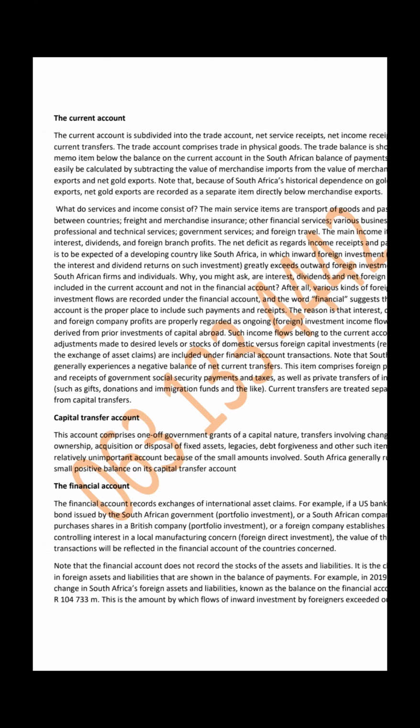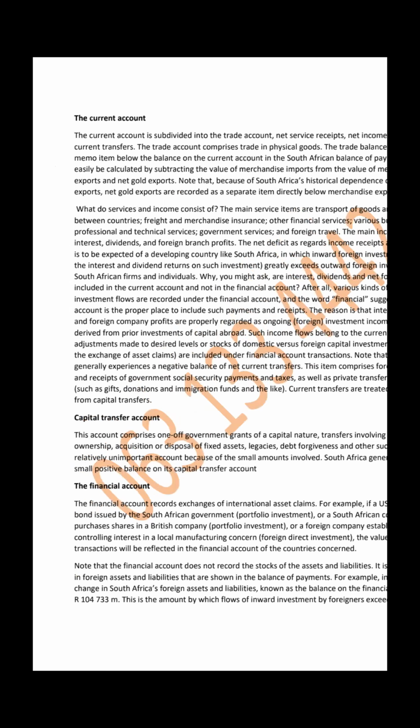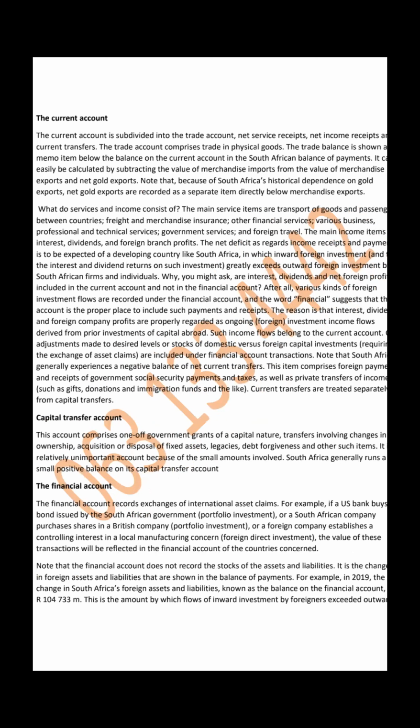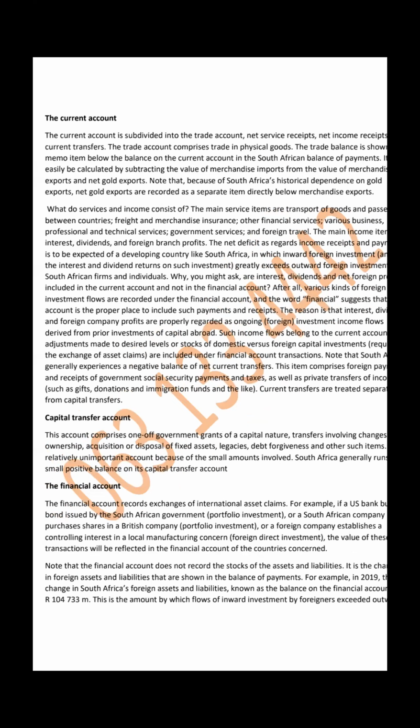These ones are treated separately from the current transfers. Why? This account comprises once-off government grants of a capital nature, transfers involving the change in ownership, acquisition, or disposal of fixed assets, legacies, debt forgiveness, and other items of that nature. So say we have a debt here in South Africa, I forgot to check how big our foreign debt is.